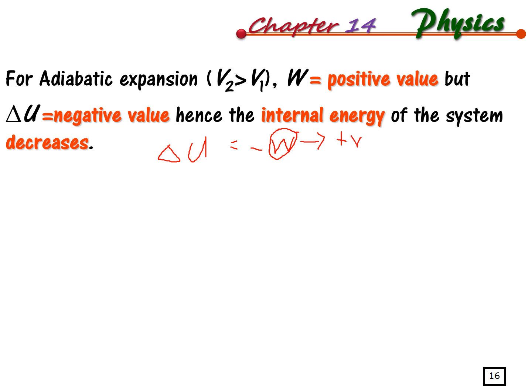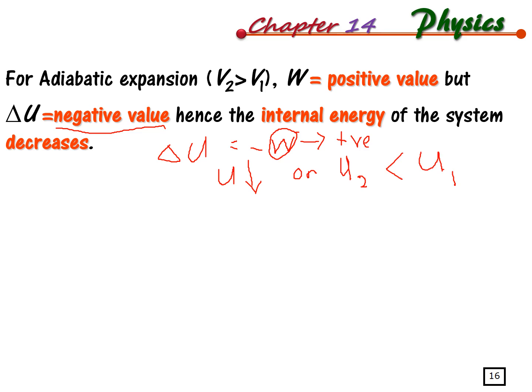Positive times negative, you get delta U negative. It means U decreases, or the final internal energy is smaller than the initial internal energy. That's the reason why delta U will be negative.